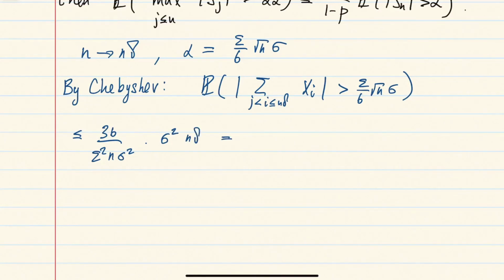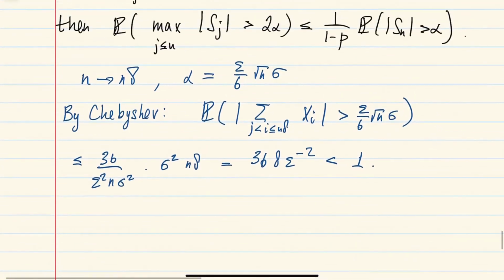So you get the upper bound for this probability, 36 delta divided by epsilon squared. For a fixed epsilon, we are trying to find a small delta, and delta will go to 0 in the end, so you can make this as small as you like. So you can make this less than 1.